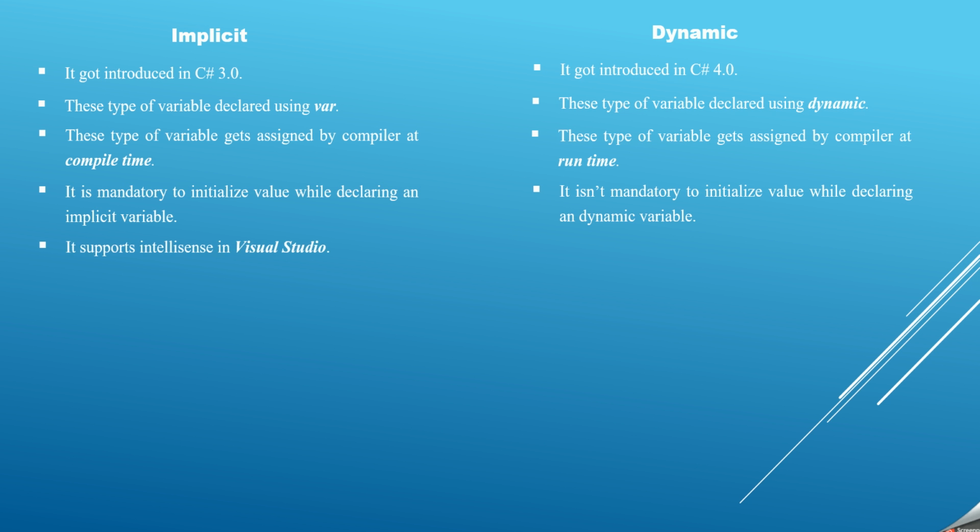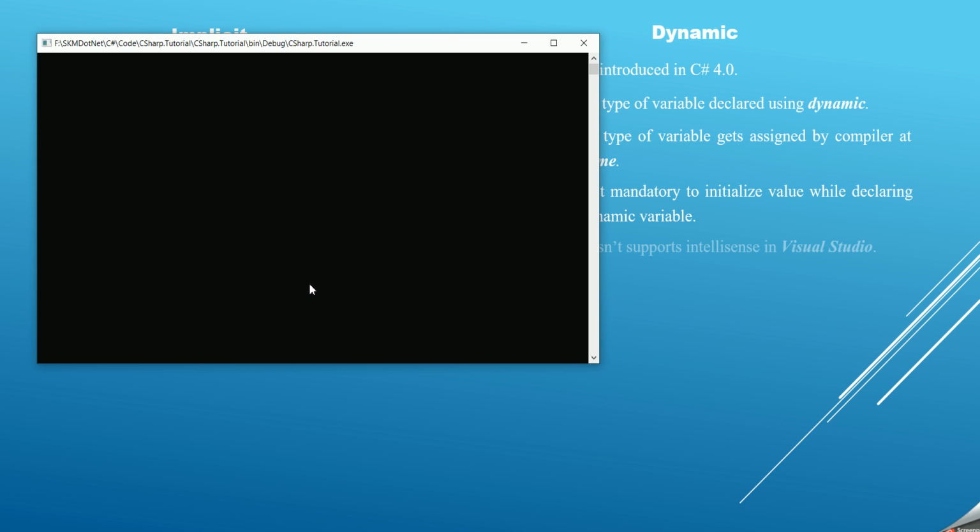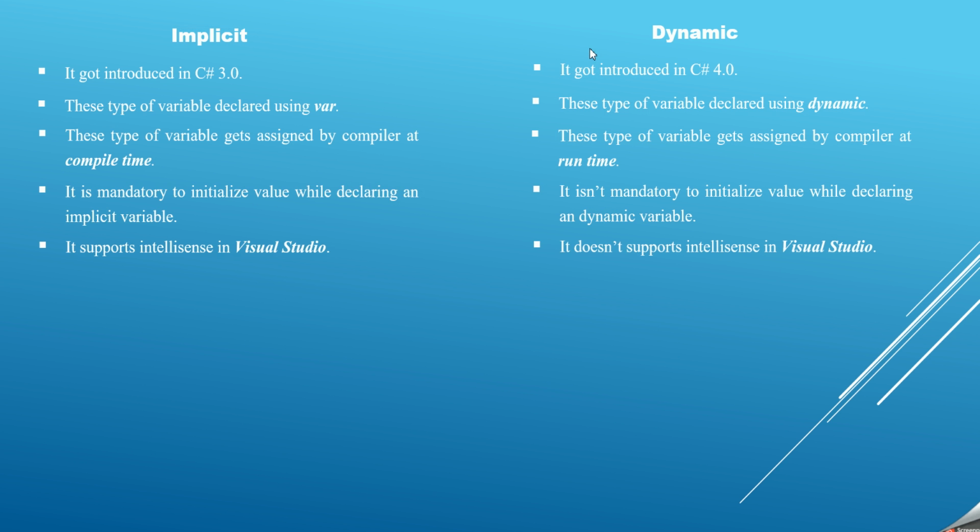So what's next? It supports IntelliSense in Visual Studio, and the other one basically doesn't. I will prove that right now. The last one is that post initialization of a variable is not allowed, as we saw.